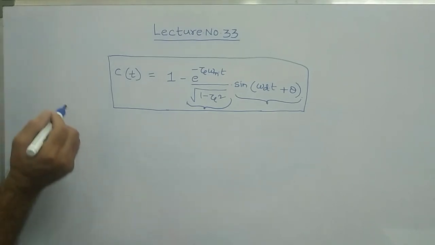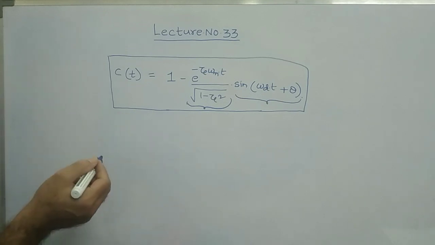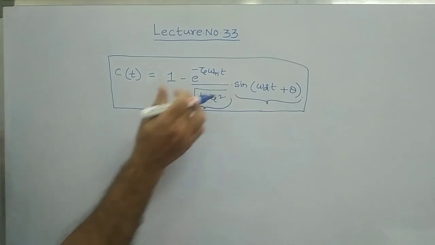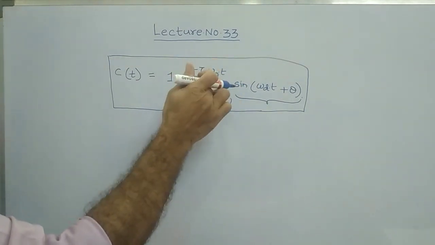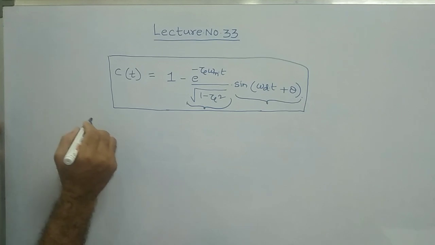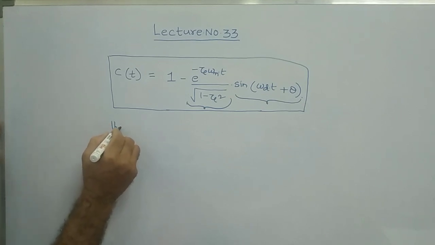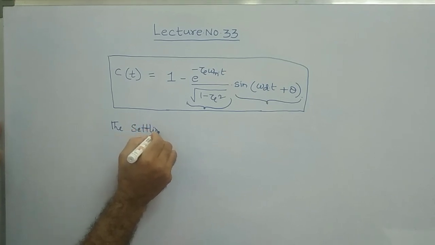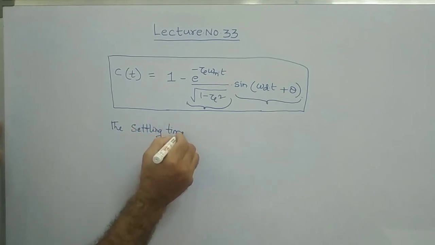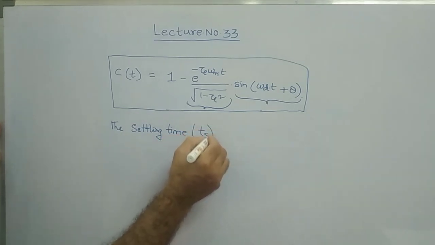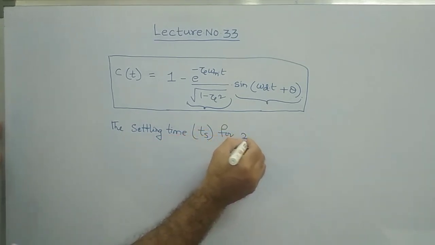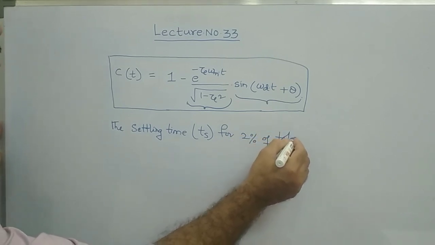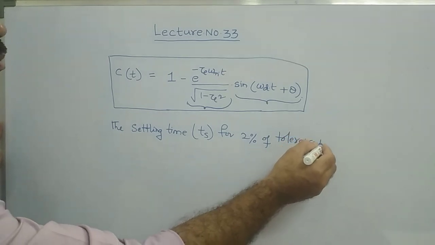Okay, then so what is the exponential form? This factor is the exponential function. This is the sinusoidal function. So now the settling time t suffix s for 2% of tolerance band.